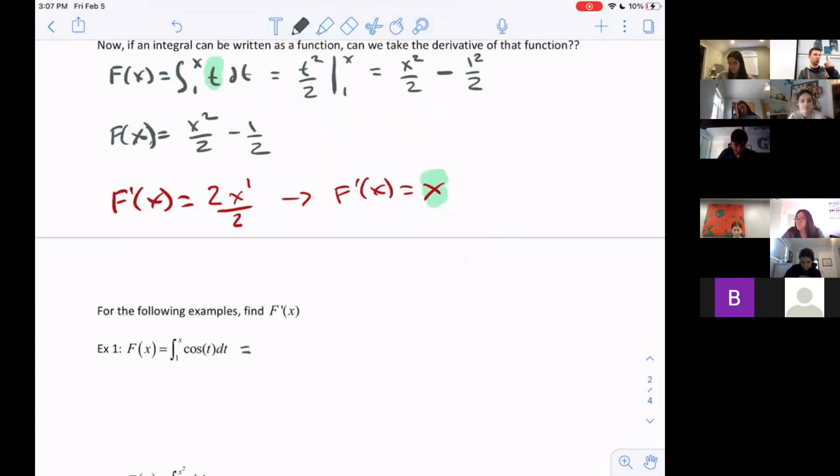The antiderivative of cosine is sine of t, I'm still using t, from 1 to x. Plug in the top, minus plug in the bottom. Sine of x minus sine of 1. That's capital F of x.